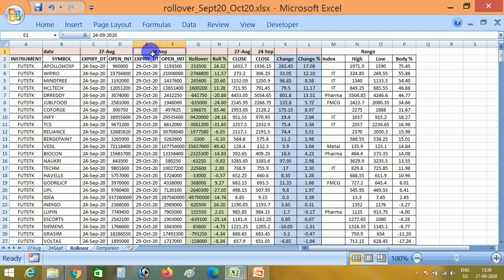And for 24th September we are starting the October expiry series, so we have taken data on closing basis. With this data we compare the roll percentage. We have taken the negative value and compared how much open interest we are going to start with. This is the only analysis I am doing with rollover percentage.